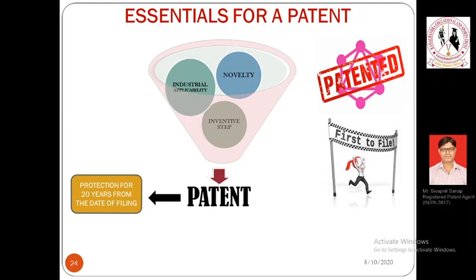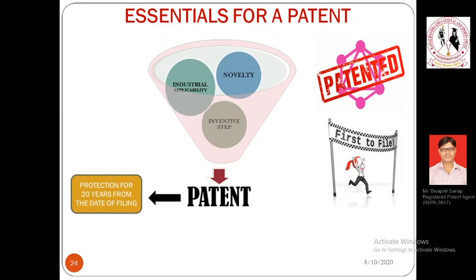After a couple of years, X launched his product in the market. Immediately after that, Y, who had filed a patent for it, and the patent now is granted, stopped X from selling his own concept, his own product. You know why it was possible? Because X did not file a patent and Y filed it. In other words, Y filed a patent before X even thought of filing a patent.